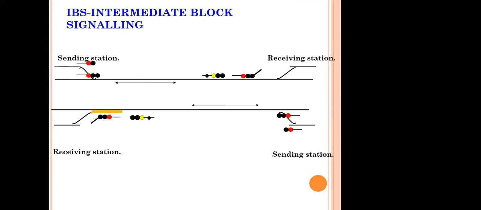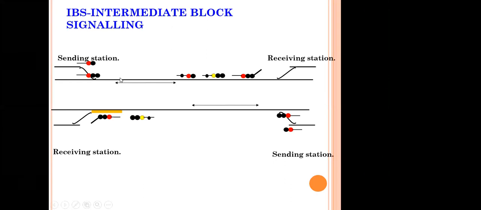The conditions or the rules to implement this IBS were defined. Now, there was an advanced starter here in the double line. This advanced starter was controlled by the block instrument. That advanced starter is shifted to the mid of the block section. There may be one IBS, there may be more than one IBS in a particular block section. It is permitted. I am giving the example of only one IBS, intermediate block signaling, here.